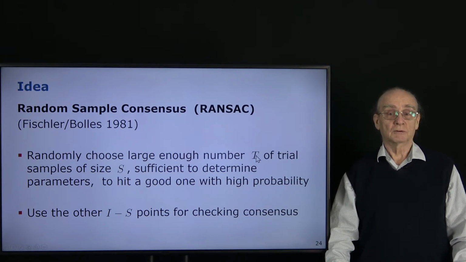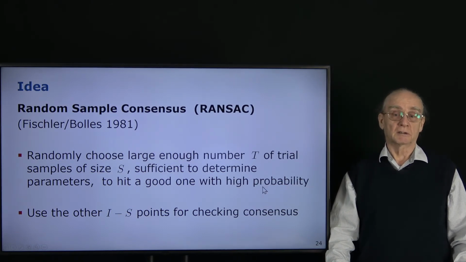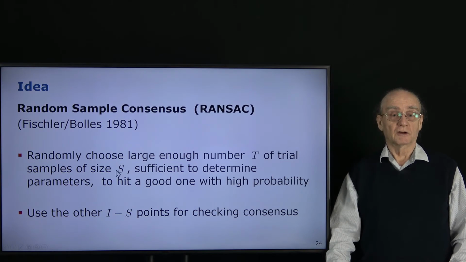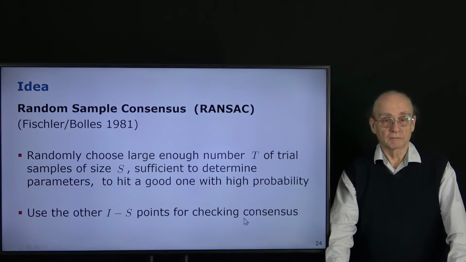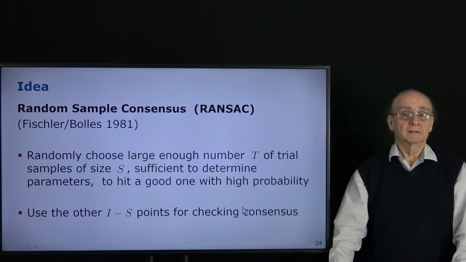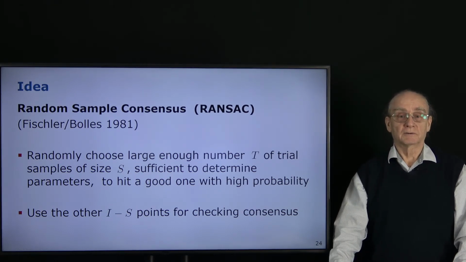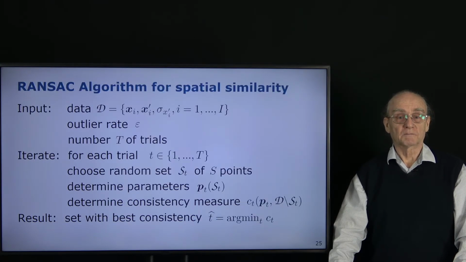So we only want to have a guarantee which is high, let's say 99% or 99.9%, etc. And as soon as we have such a sample, let's say of 3 points, we use the other I minus S points for checking for consensus. So this is the principal idea of RANSAC. And you will find a lot of papers if you Google RANSAC, and you can inform yourself by looking at these papers.